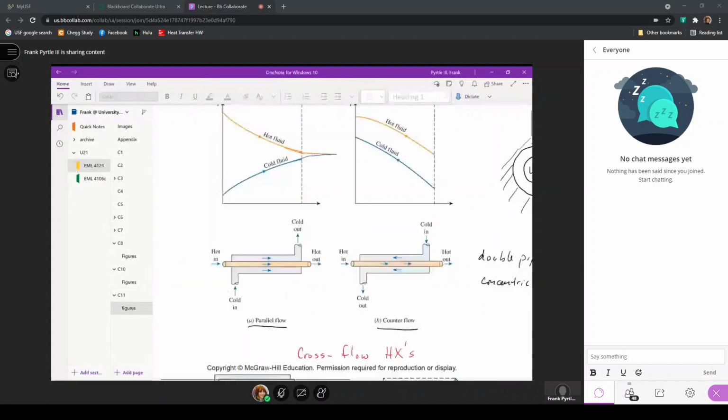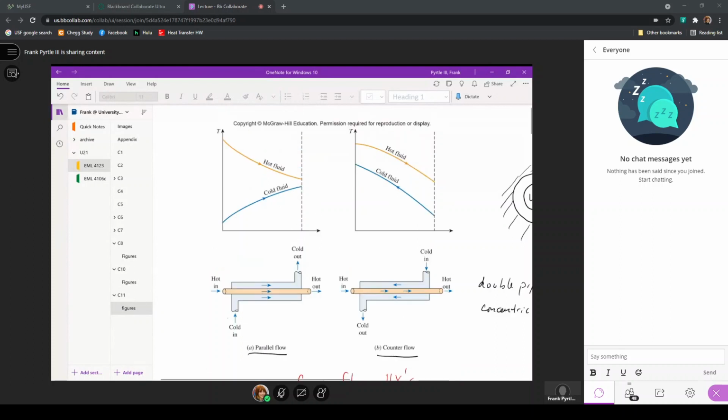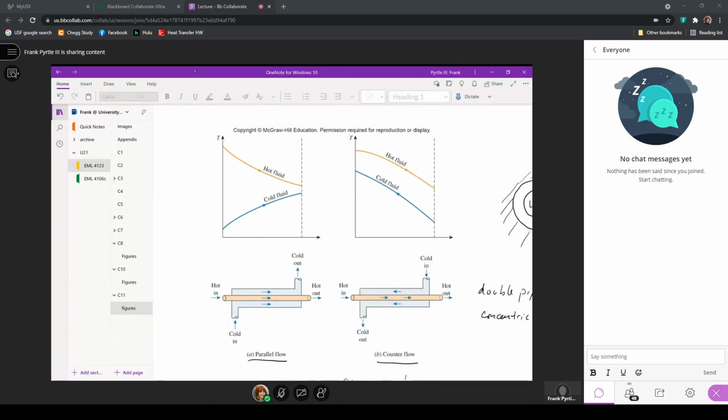So here, if I just use these two, this would be position number 1 and position number 2. If I wanted to calculate the log mean temperature difference for this heat exchanger, that is with the parallel flow arrangement, delta T2 here would be the hot outlet temperature minus the cold outlet temperature.